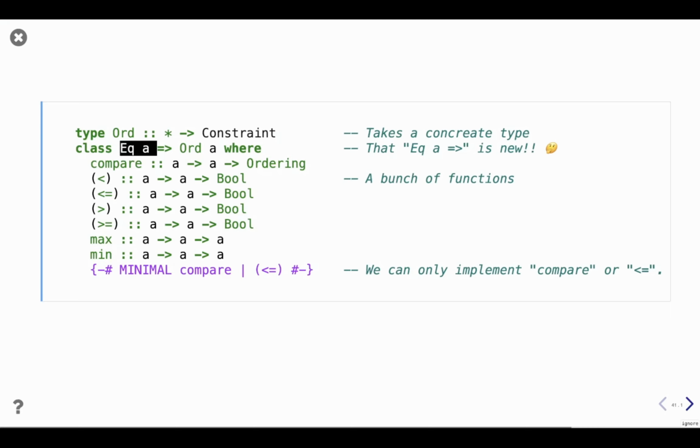The Ord type class uses functions provided by the Eq type class. Even though we can't see them, we know that there are a bunch of function definitions defined in terms of each other. That's why we can implement the entire instance by only defining compare or less than or equal.